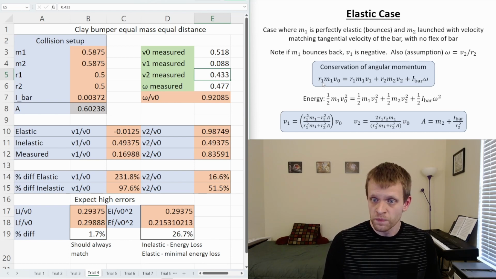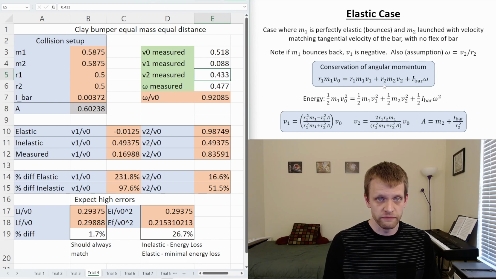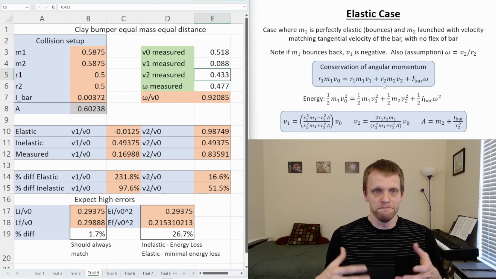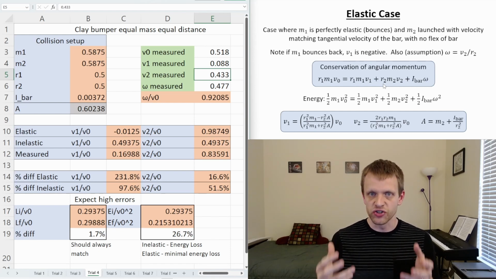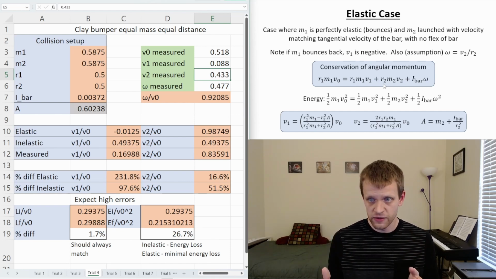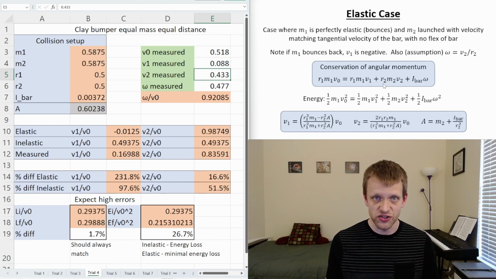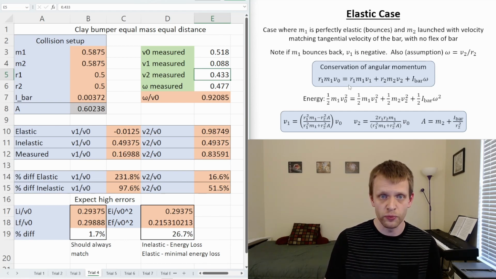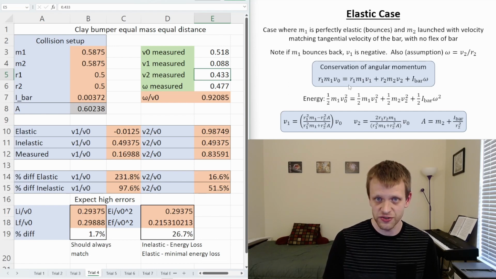And also, when we get into more cases where R1 and R2 are not the same, we're going to see that this model, trying to use conservation of the magnitudes of momenta, is going to fail. So we'll see that in some of the next cases where we have different masses and hitting different points on the bar. So let's look at those next.